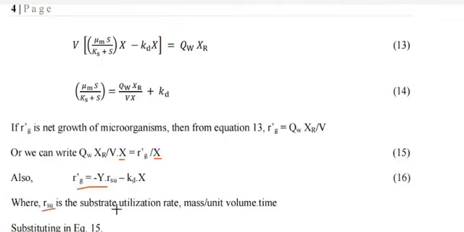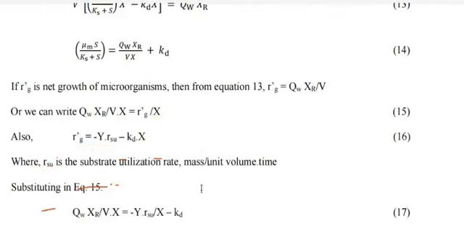It is substrate utilization. S stands for the substrate, U stands for the utilization. So it is a substrate utilization rate. Okay, so we write in this form the net growth of microorganisms: r dash g is equals to minus Y r suffix SU minus kd X.